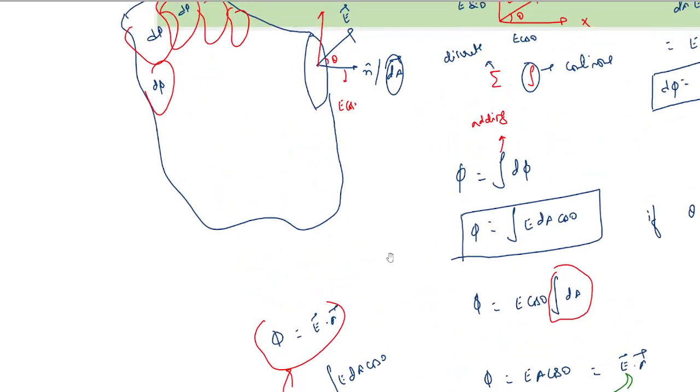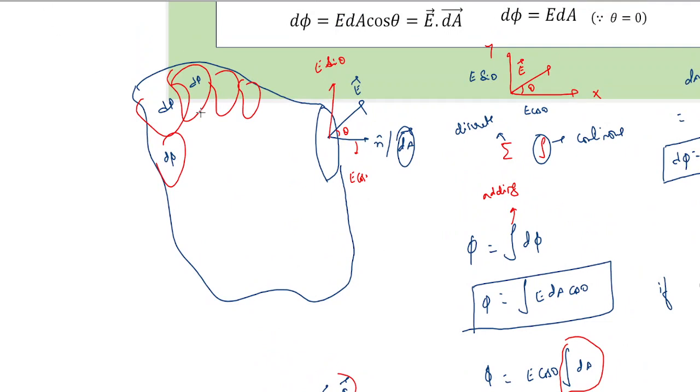But if it's different, for example here, in this case the area would be like this also, or maybe like this. There are different areas. So in this configuration, the total flux is given as the integral of E into dA into cos theta. So this is what is called electric flux.